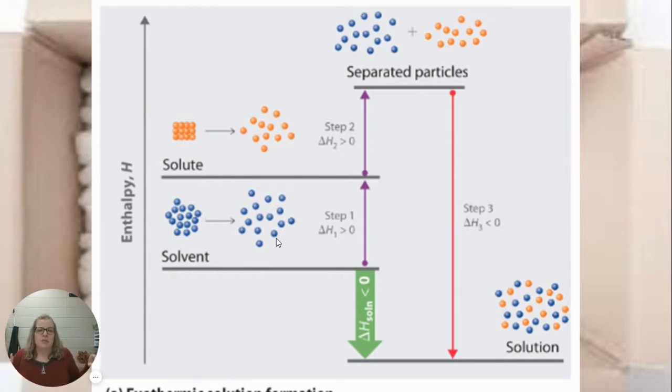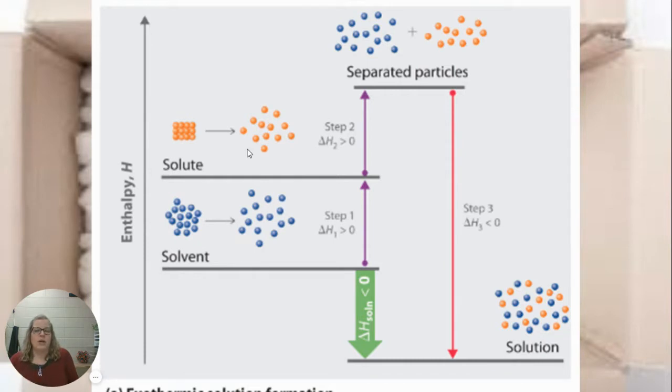But what happens then is when those things come back together, new intermolecular attractions are formed between ions and the solvent, or if not ions, then a different type of intermolecular force and the solvent. And when you do that, you get a solution. When that requires more energy to put in than you get back out, it's an endothermic heat of solution.